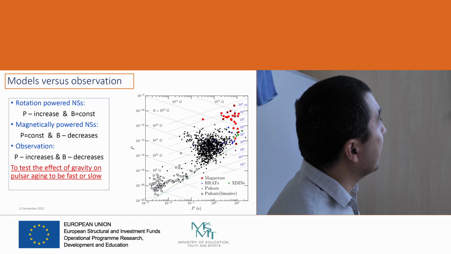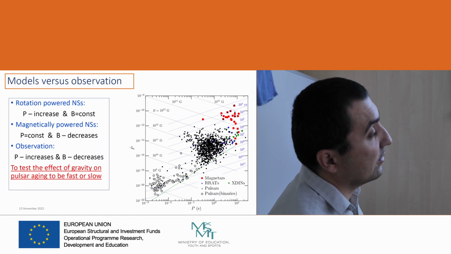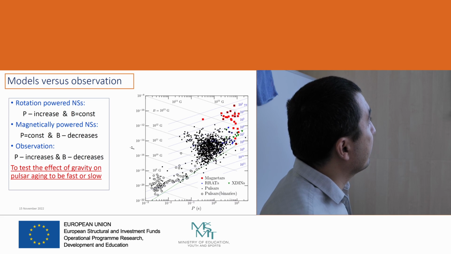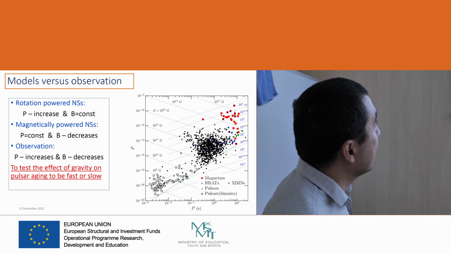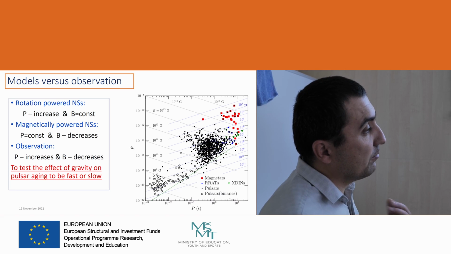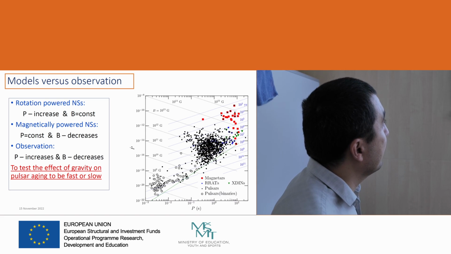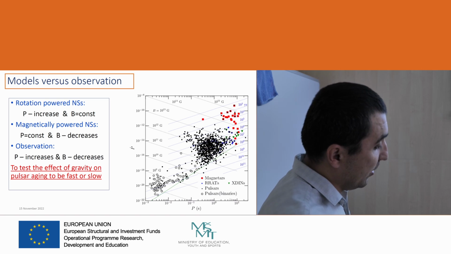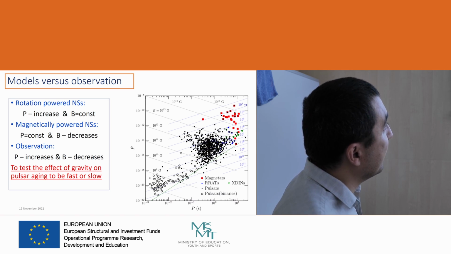And for magnetically powered neutron stars, I mean magnetars, the period should not change, but all radiation comes from the magnetic energy. But observations show that their period increases, the pulsar slows down, and the magnetic field decreases.